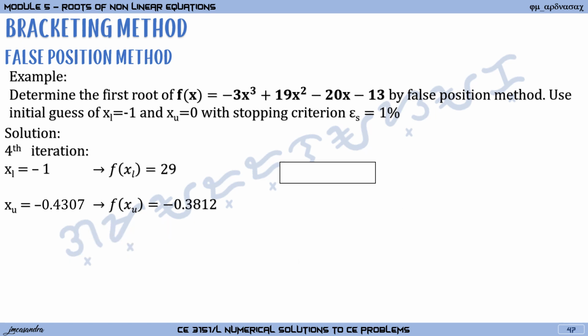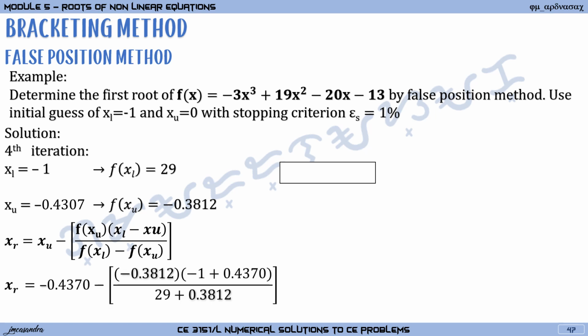So for our fourth iteration, given XL and XU, negative 1 and negative 0.4307, we now compute for the new XR, which is equal to negative 0.4443, which will yield a function of the XR equal to negative 0.1002.